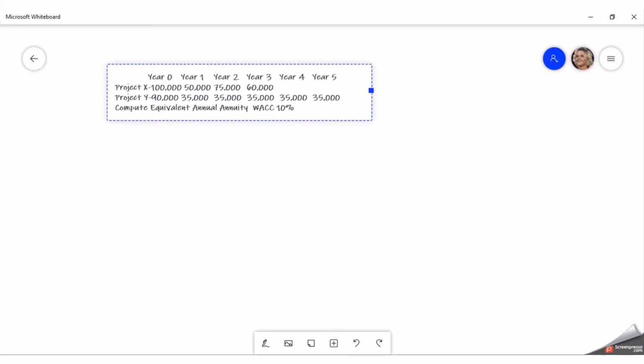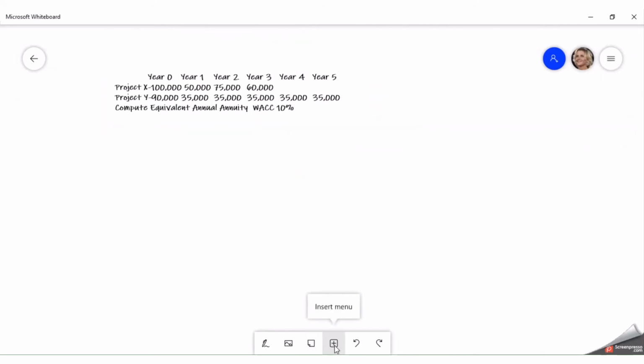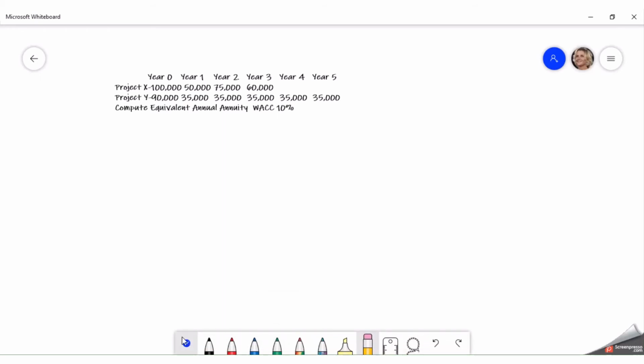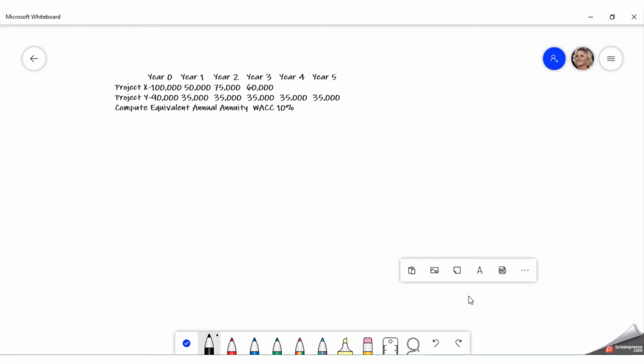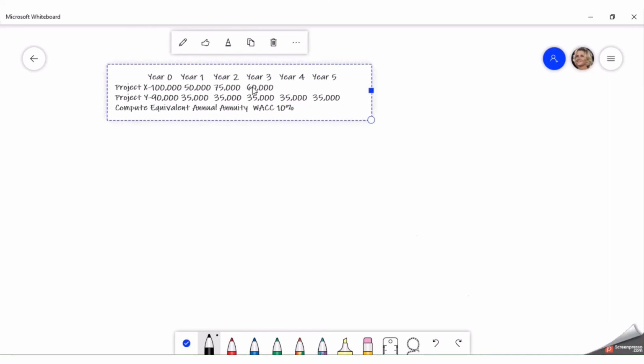And when we calculate the equivalent annual annuity, what we're doing is okay, so if I take this up, I'm struggling to get it to go for me.